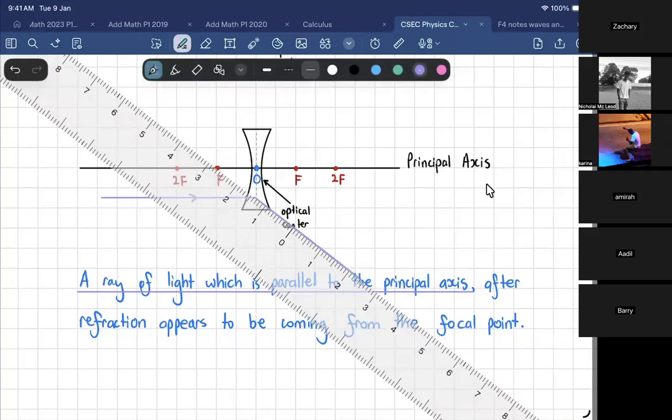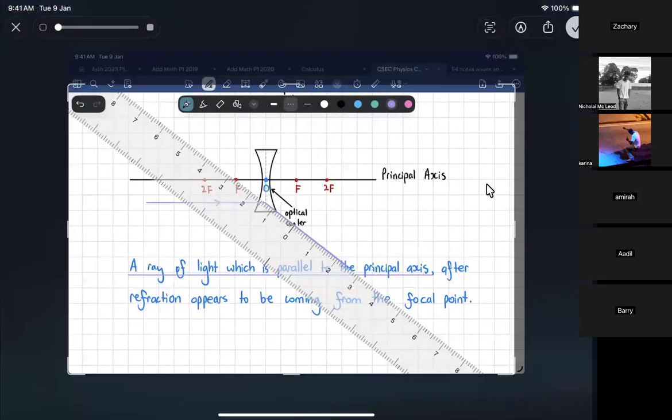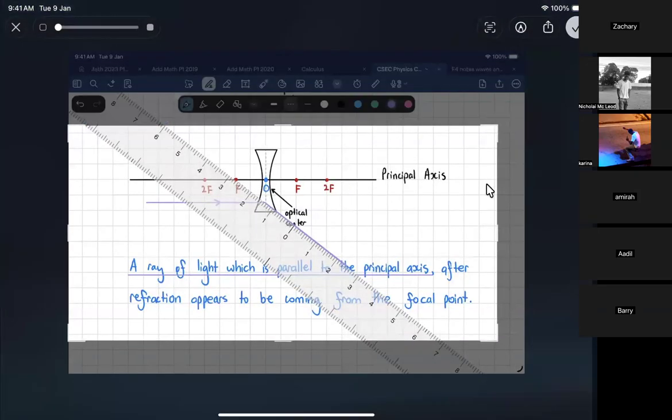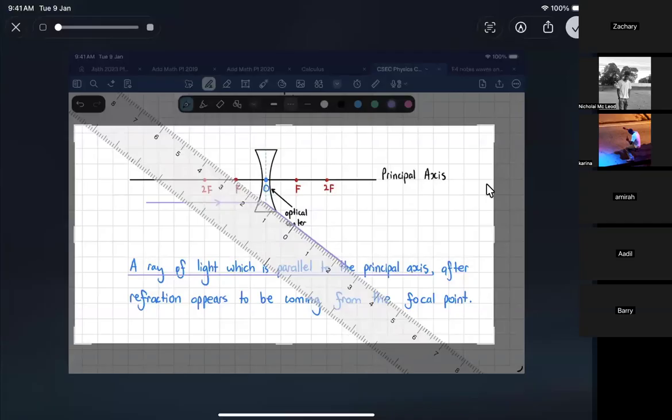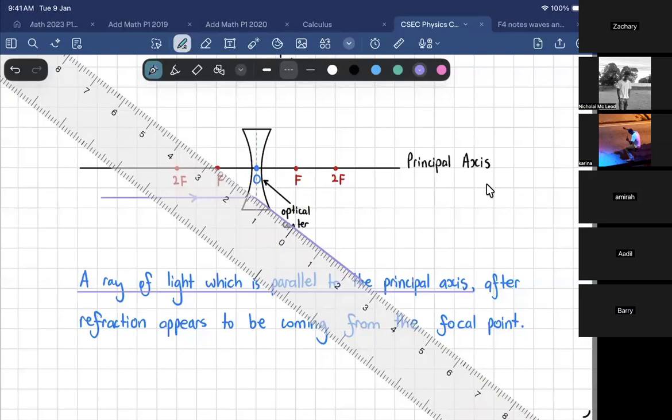Who here is confused by that? Is there anybody that's utterly confused by this? There's no shame in saying you're confused. But it would be shameful if you get the question in the exam and you get it wrong. Now is the time to ask questions.